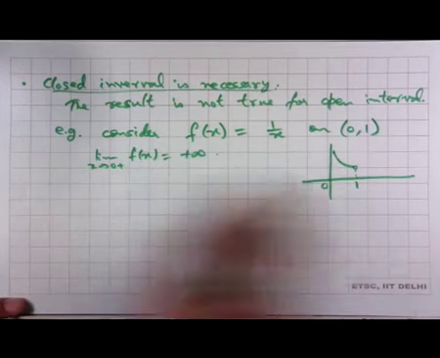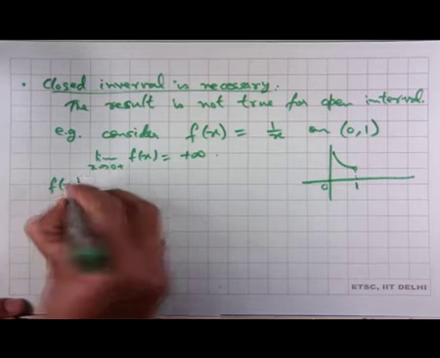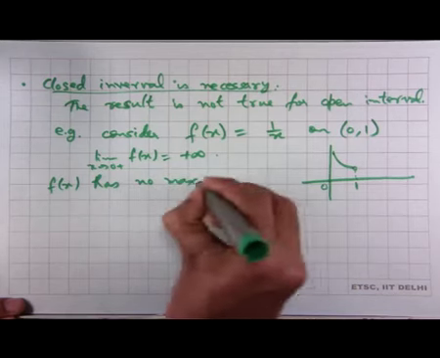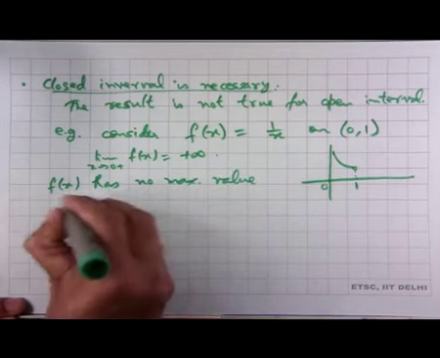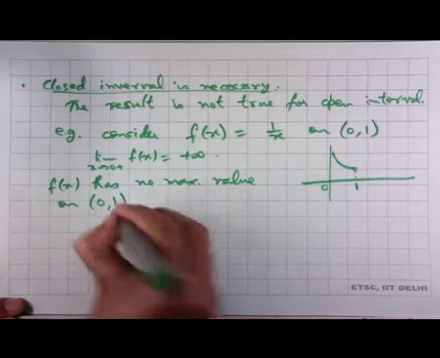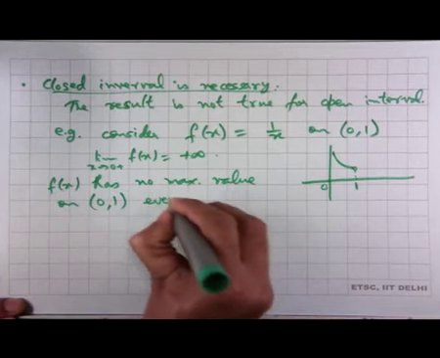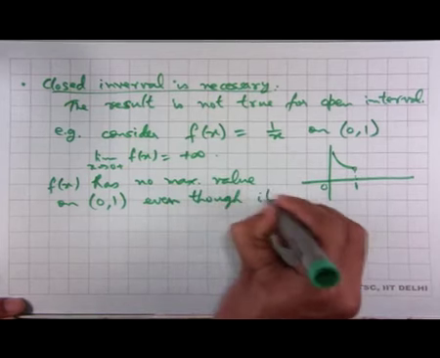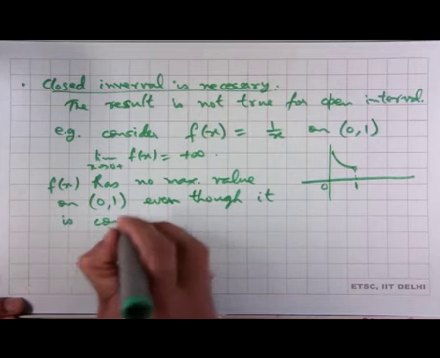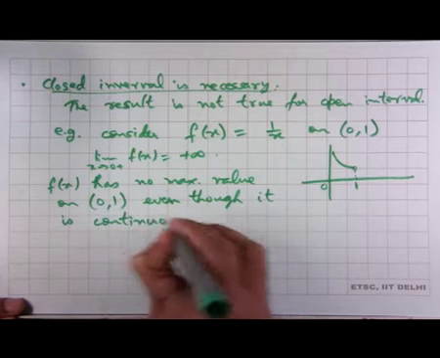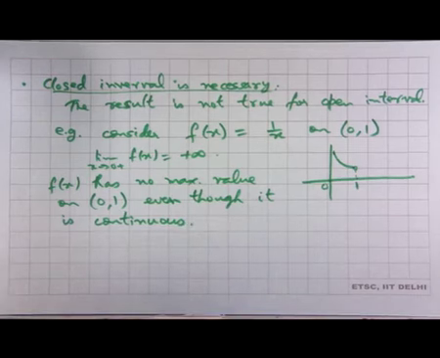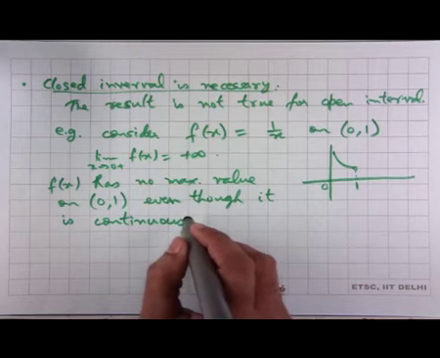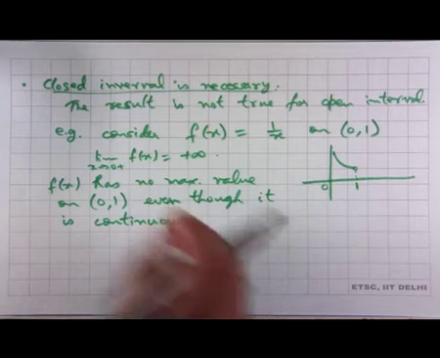So, again this function f x has no maximum value on the open interval 0 1, even though it is continuous. So, we require both the continuity as well as the interval being closed for this theorem to be true.